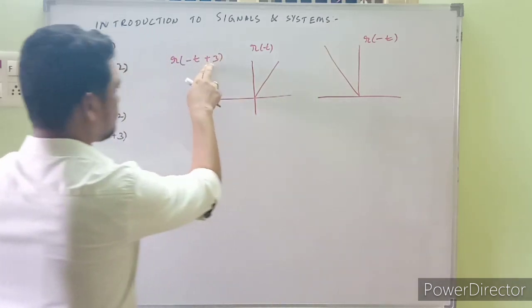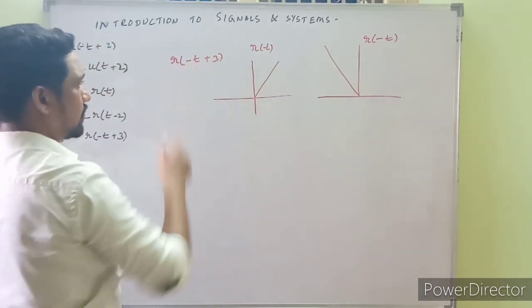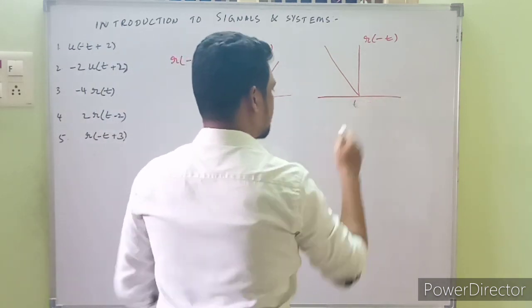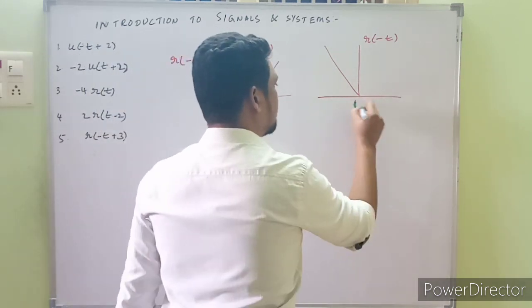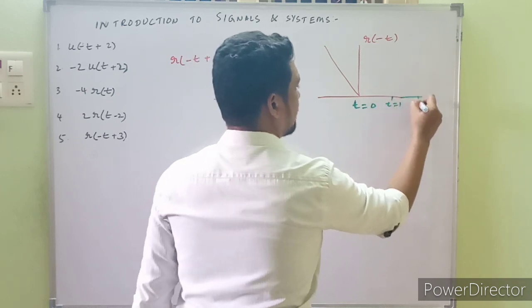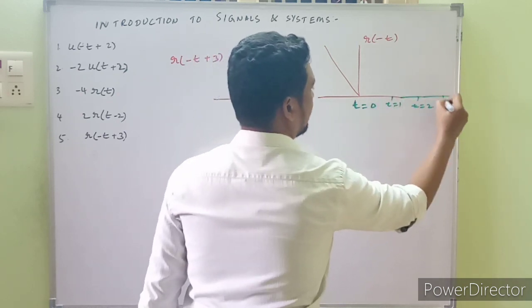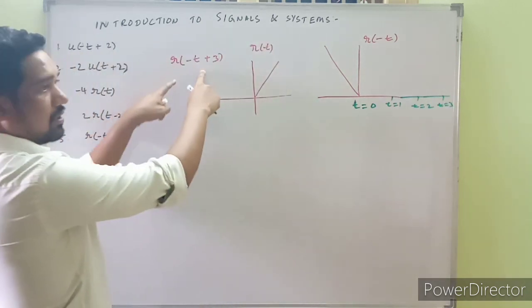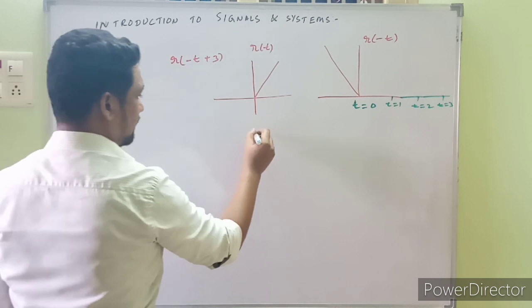And my final sketch for this one would be from here itself. It may be t equal to 0, t equal to 1, t equal to 2, and t equal to 3. My final sketch for this equation will be like here.